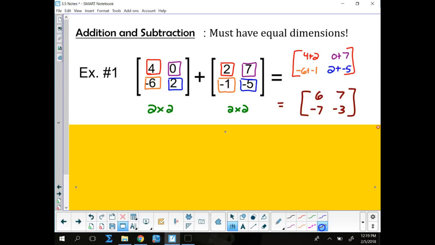It also helps to tell the person that you're communicating with what the dimensions are first. So if I were to say this to you right now, I would say it's a 2 by 2 matrix, 6, 7, negative 7, negative 3. So that you know, I got 2 rows, 2 columns, so the first 2 numbers, pause, reset, and so on and so forth.